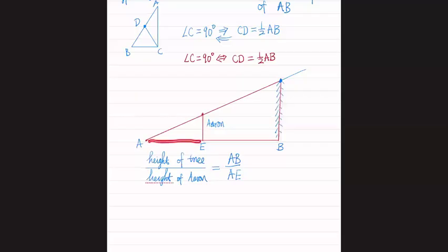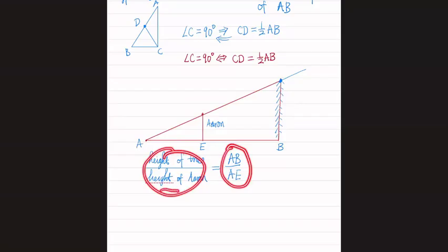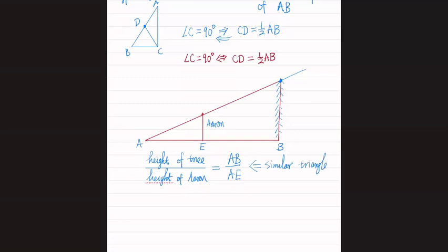So because these two triangles are similar, the corresponding sides have the same ratio, from similar triangles. Okay, that's one application.